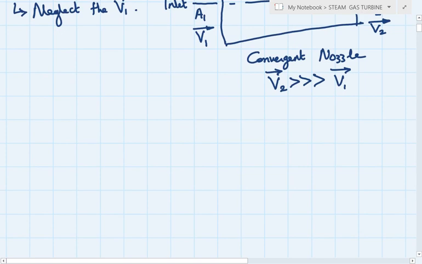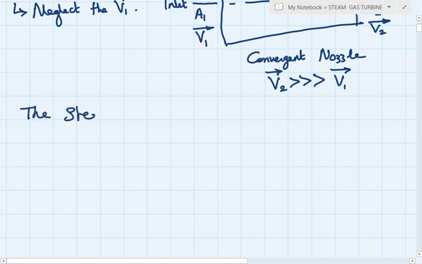To start the derivation, we need to know the governing law or equation for the steam which flows through the nozzle.